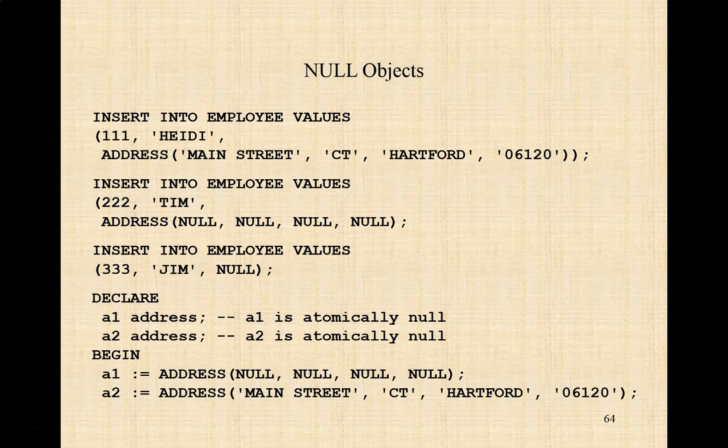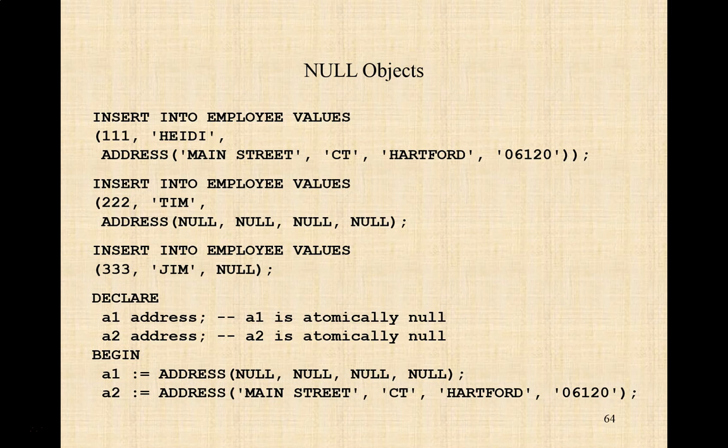In PL/SQL, if we declare variables to hold address objects, as we've done here, both of these variables are said to be atomically null. Later, when we invoke the constructor, similar to what we did for employee 111 and 222, then these objects are no longer atomically null.